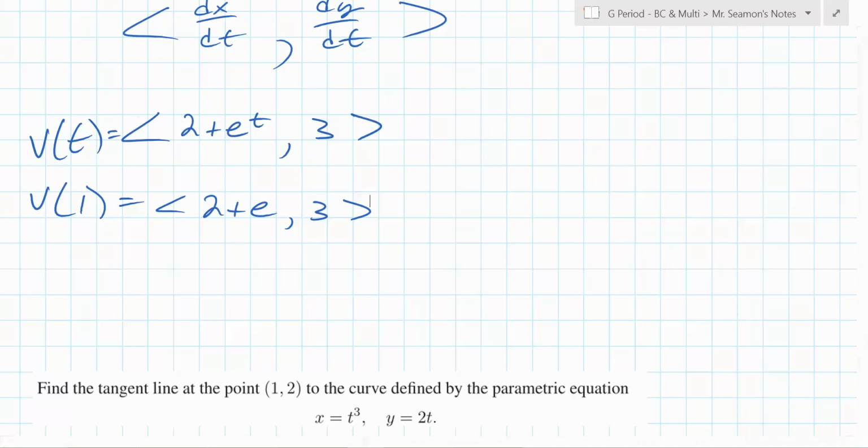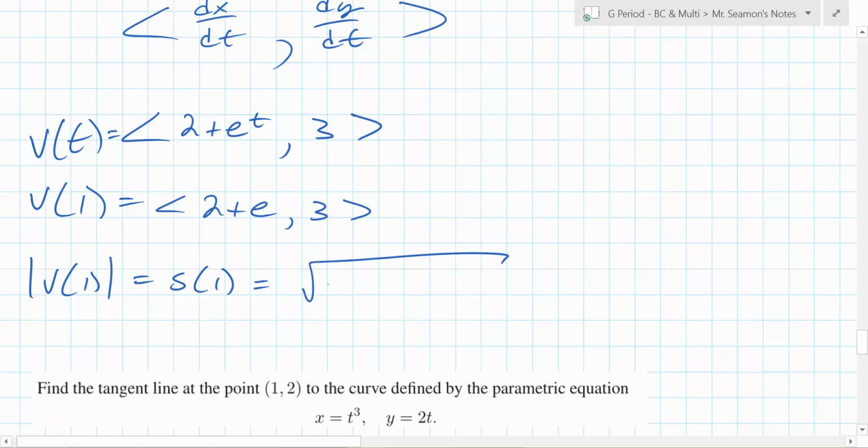So the speed is just the what? What does that mean, those bars? Absolute value, which is the speed at 1, right? Speed at 1 is the magnitude of velocity, right? So what do you do when you do magnitude? It's a scalar, right? It's a single number. So what's that going to be? It's going to be the square root of (2 plus e) squared plus 9. Done. There's your speed.